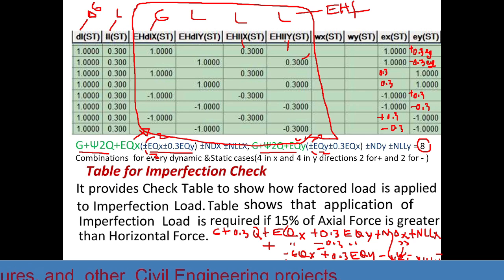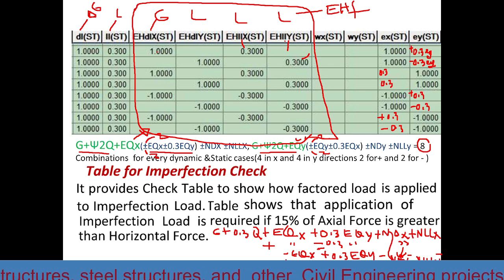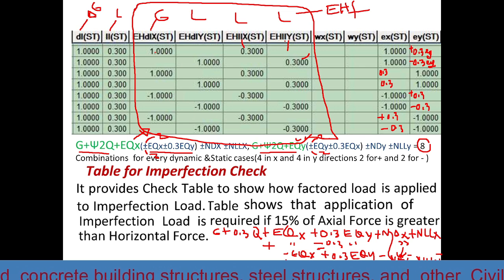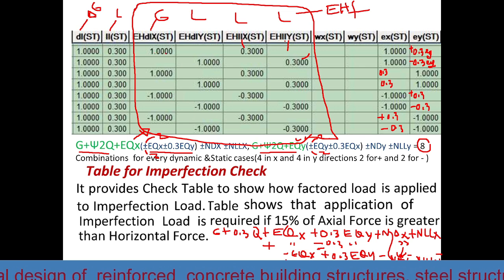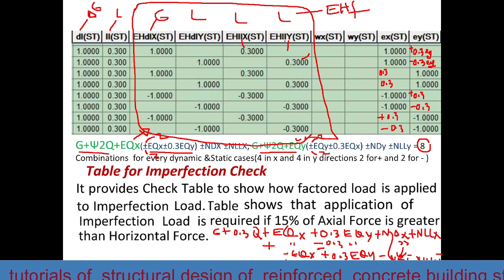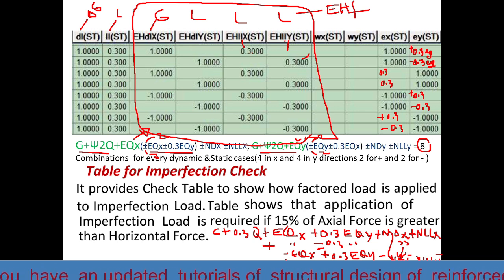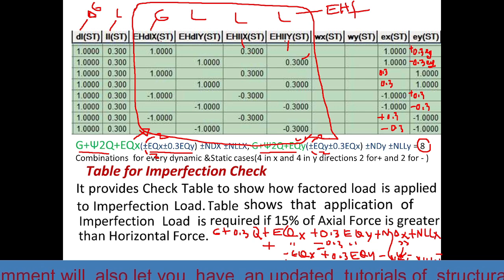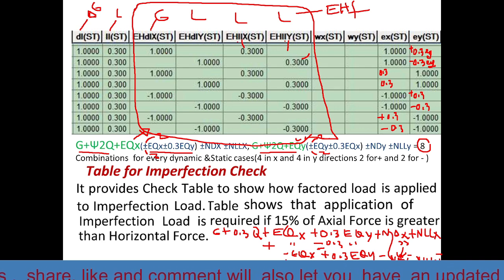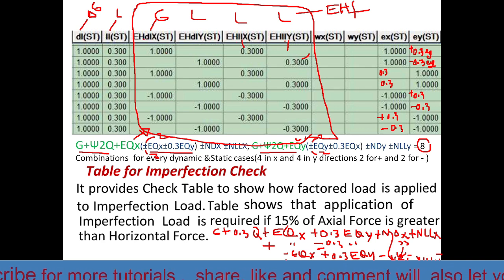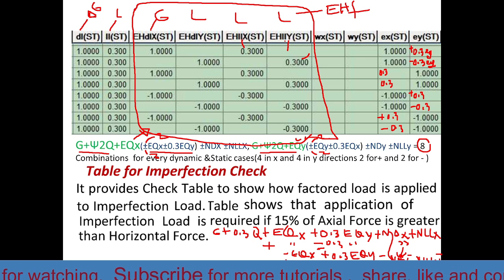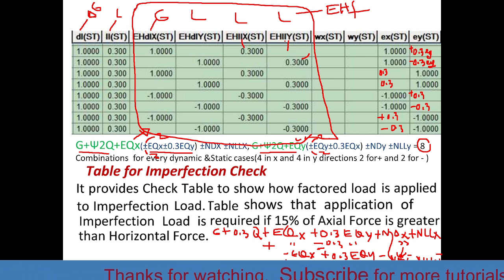the equivalent horizontal load must be applied with the similar directions of the live load. Here the notional dead load X should be combined with the notional live load X, that is with the similar direction.